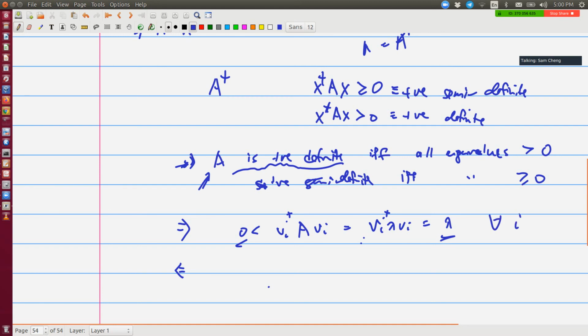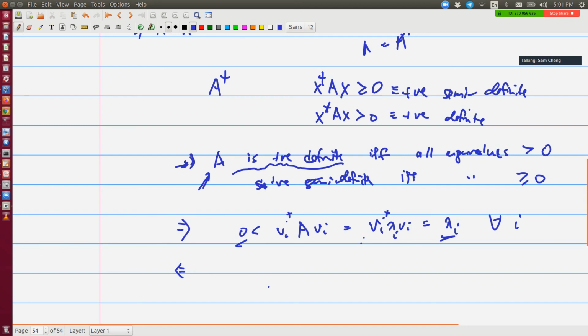So lambda i, for positive definite, should be more than zero. This does not depend on vi, just on A, the eigenvalues.